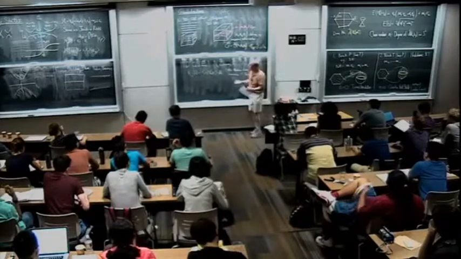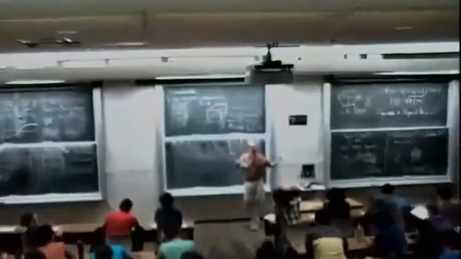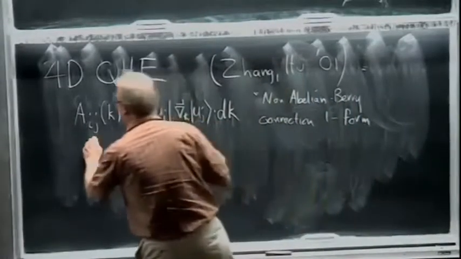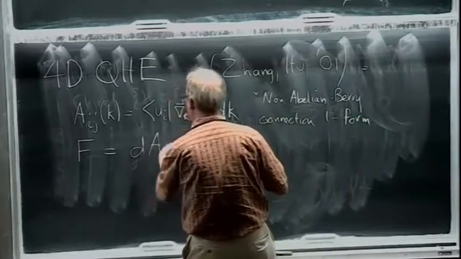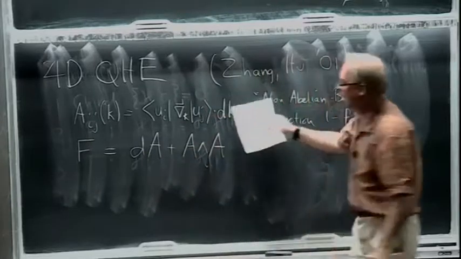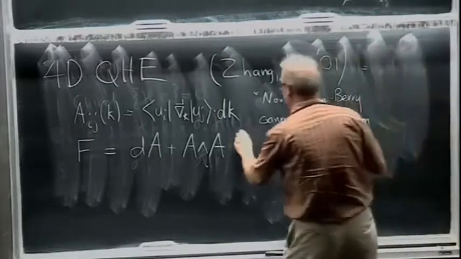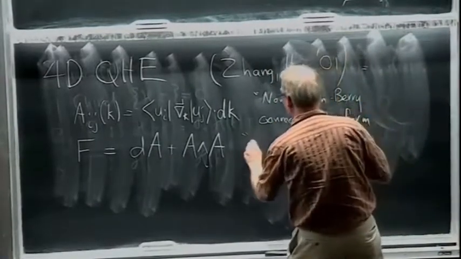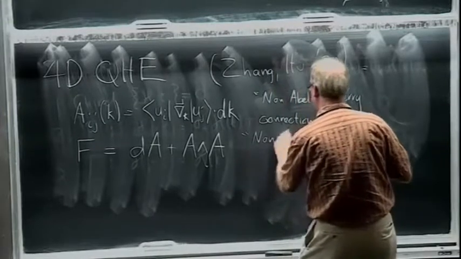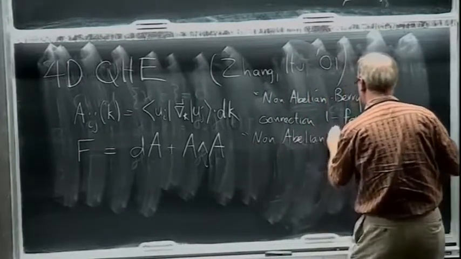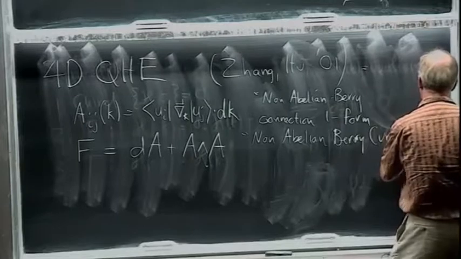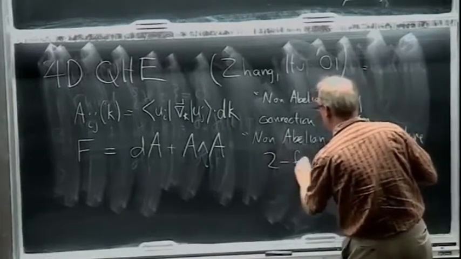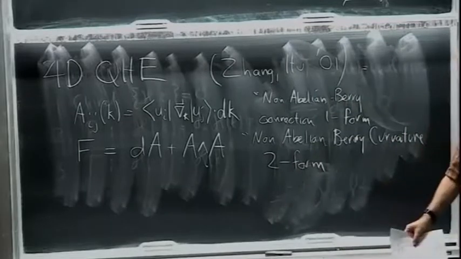Similarly, one can define the analog of the Berry flux, which is F. I'm just going to streamline the notation and write this as dA plus A wedge A. So it's sort of the generalization of the curl of A. And this is the non-abelian Berry curvature, a two-form. So this is something that you integrate on a surface.